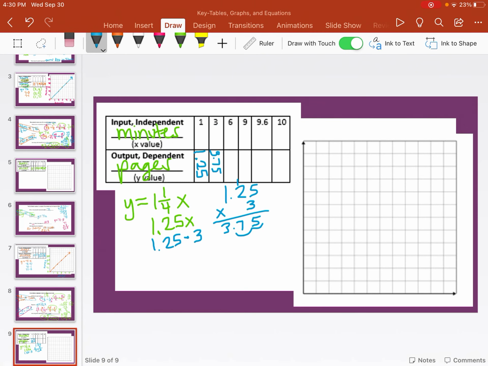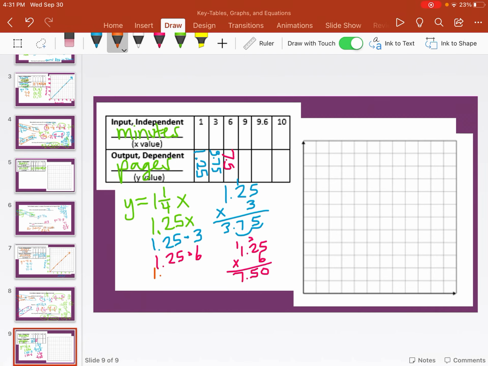Oops, sorry. For 6, so I can do 1.25 times 6. Okay, that's 30. Carry my 3, 12 plus 3 is 15. Carry my 1, 7. Put my decimal back in. I get 7.5. Or again, if you did it as a fraction, 7 1/2.